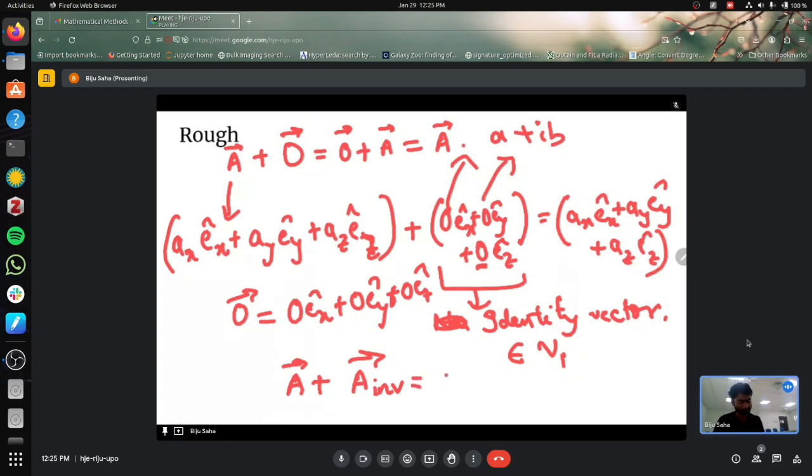So obviously the only valid inverse would be, suppose my A is denoted by this, the only way I could recover the null vector from it is to add something which has coefficients that are the negative of the coefficients of the original one.